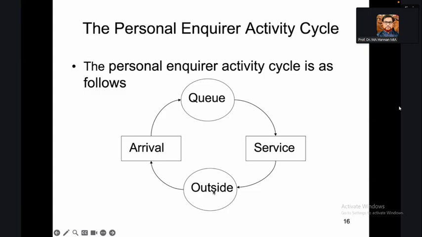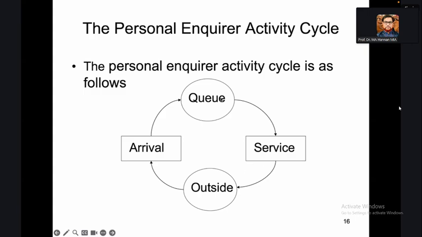Now this can be in person or this can be over phone, a personal inquirer. If a personal inquirer is in person, was somewhere outside and arrived in the system, I mean in front of the booking clerk, then there are some people, so he's in the queue, then he received the services.